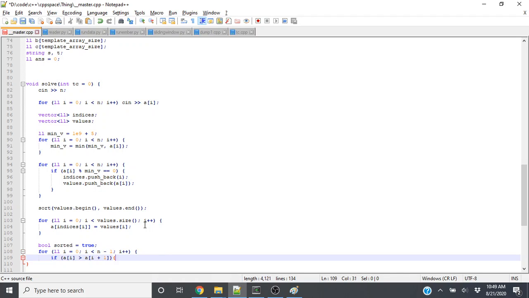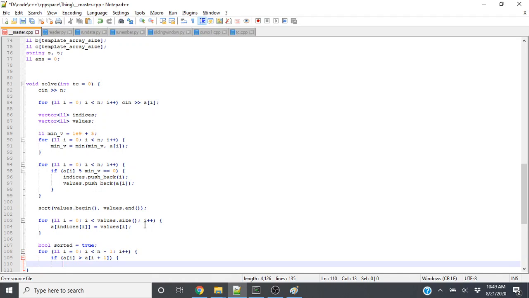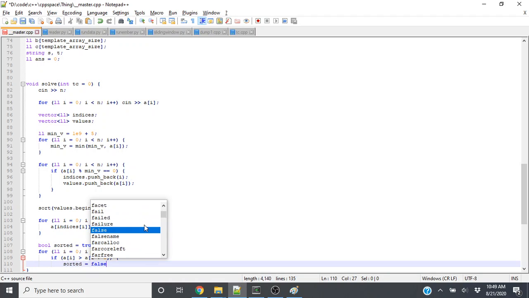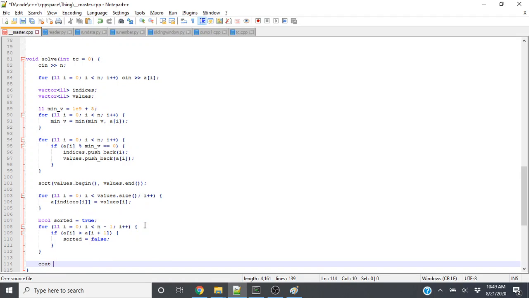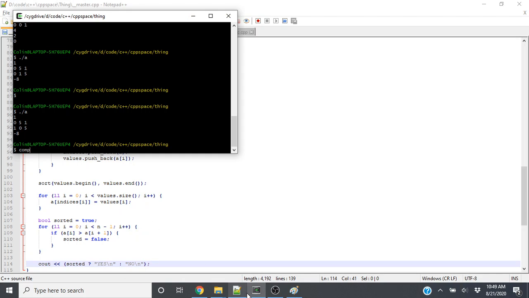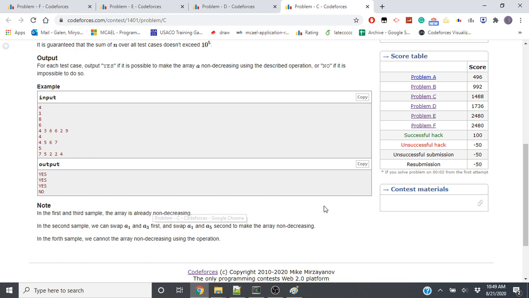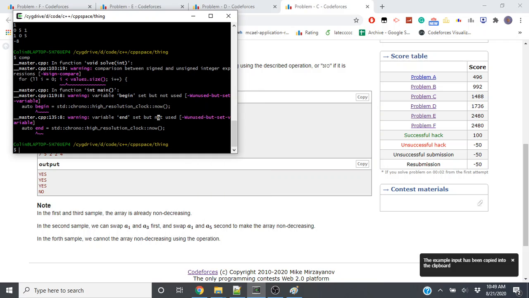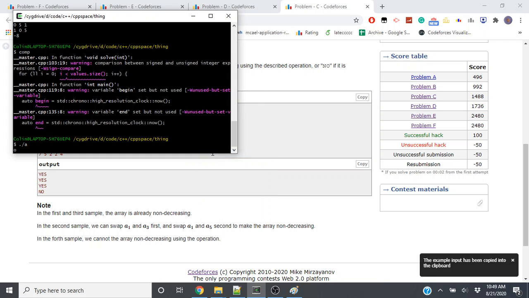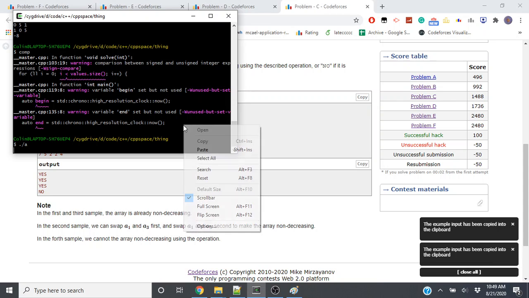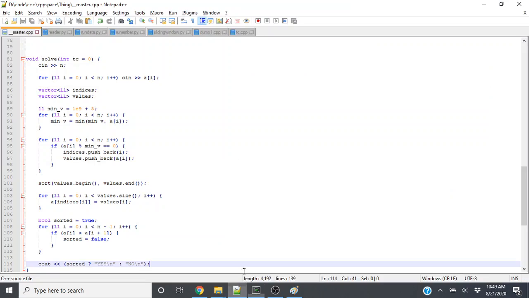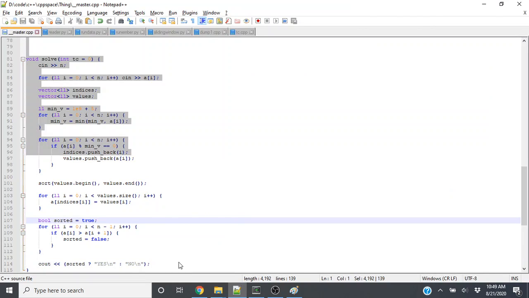If it's not sorted, then there's some inversion between adjacent elements. False. Okay. That's fine. And all this makes sense.